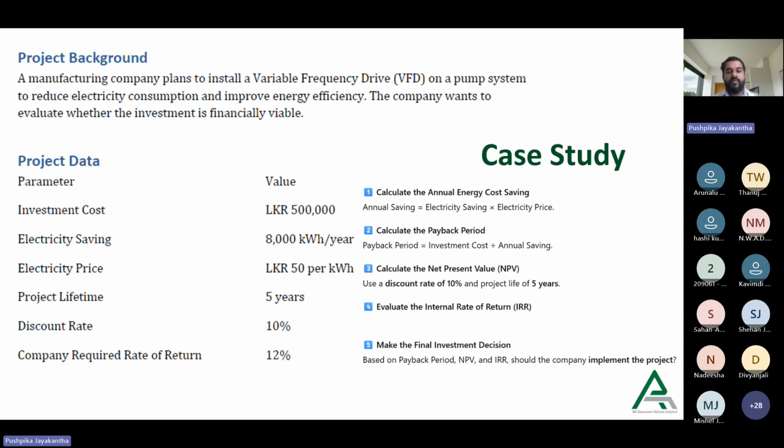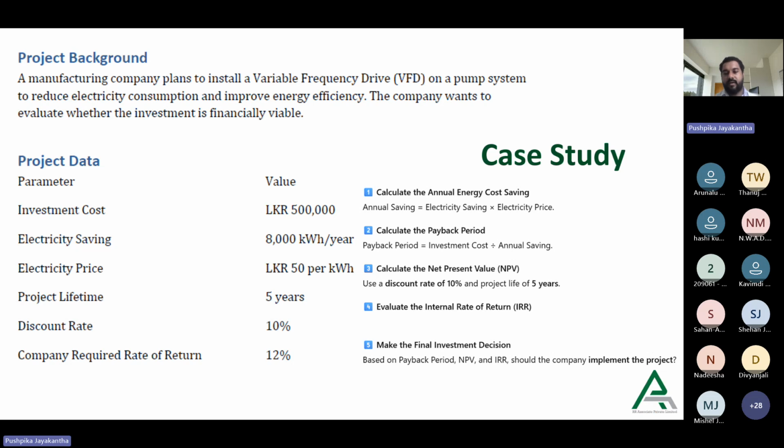So now you have 5 questions here. You have to calculate the annual financial saving from VFD installation. Then you have to calculate the payback period. And then, using the discount rate of 10%, you have to calculate the net present value of the project over a 5-year period.